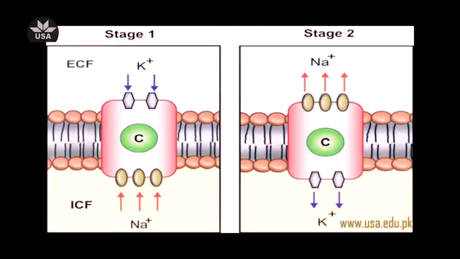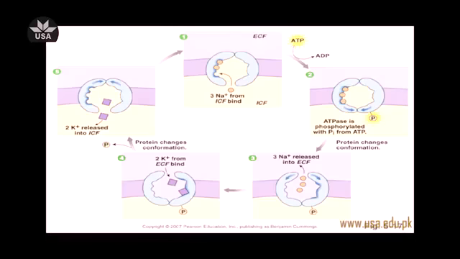The enzyme ATPase causes the breakdown of ATP into adenosine diphosphate with the release of high-energy phosphate. And what does this energy do? The energy that is liberated causes conformational changes in the carrier protein molecule.